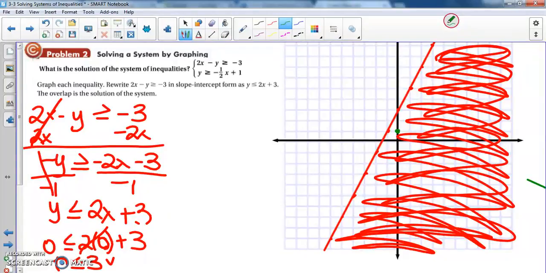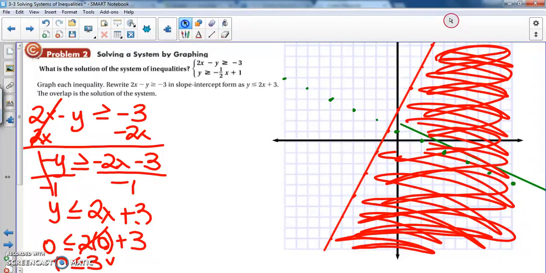And I'm going with my slope down 1 over 2, or up 1 to the left 2. I'm also connecting these points with a solid line because it is, once again, or equal to.